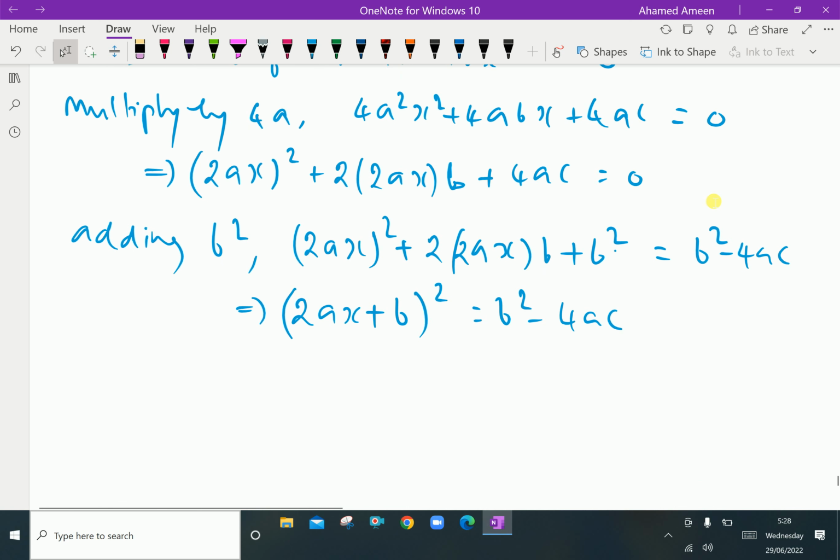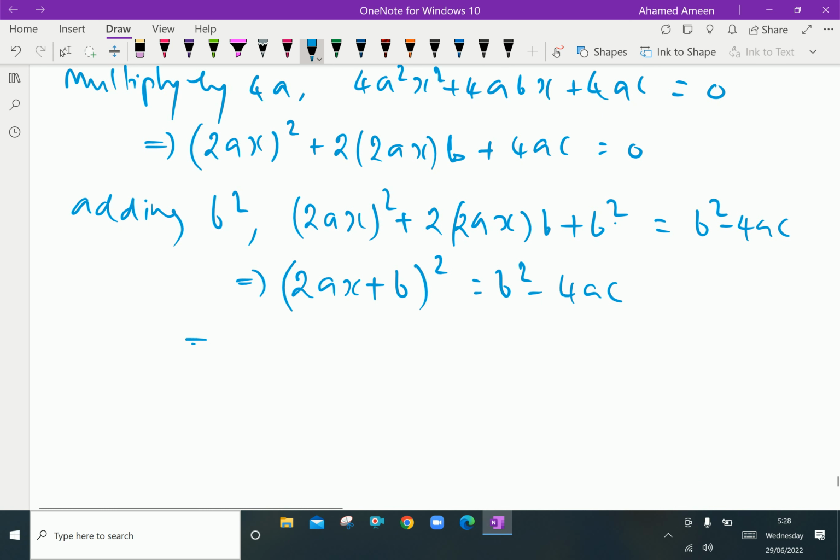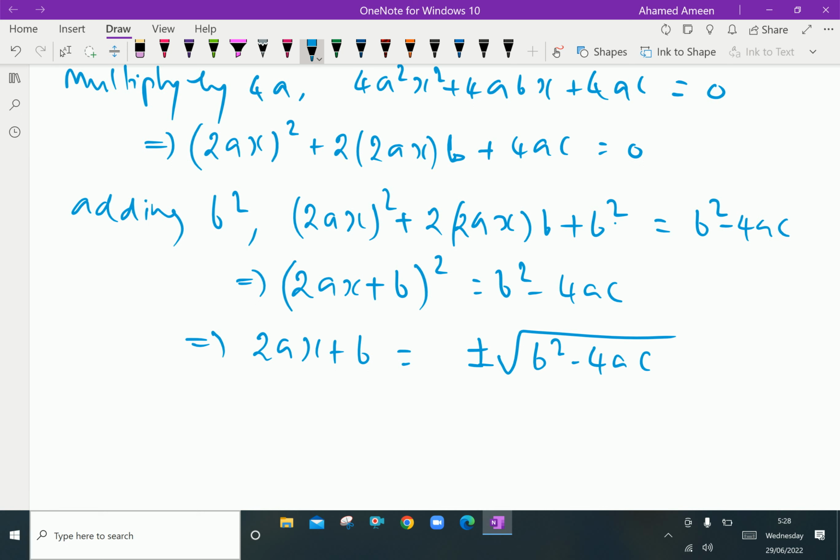Now taking square root both sides, we have 2ax plus b equal to plus or minus square root of b square minus 4ac. That means we are taking square root both sides, the square will vanish, and here it comes square root.